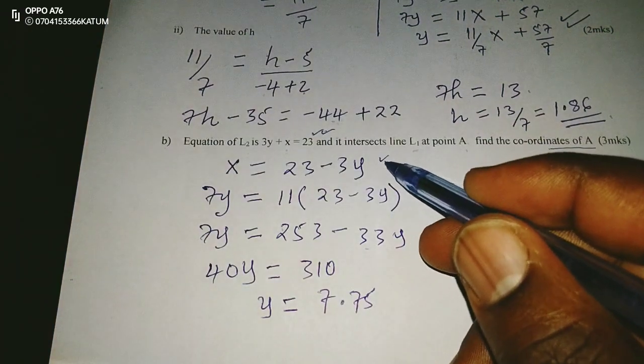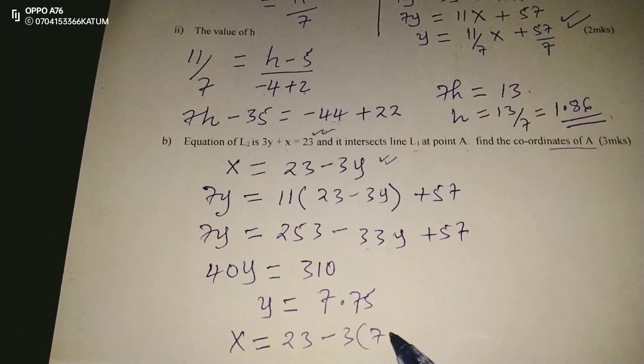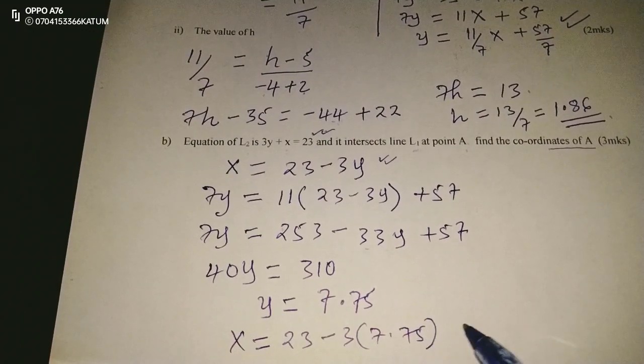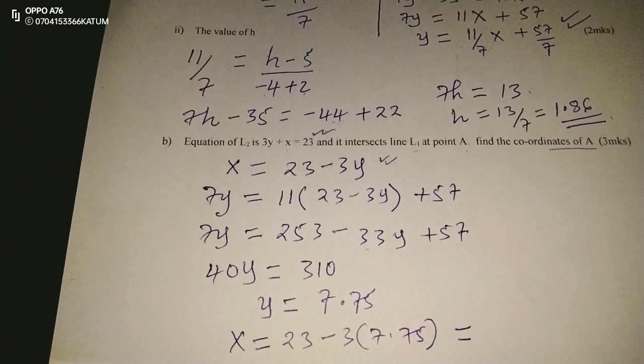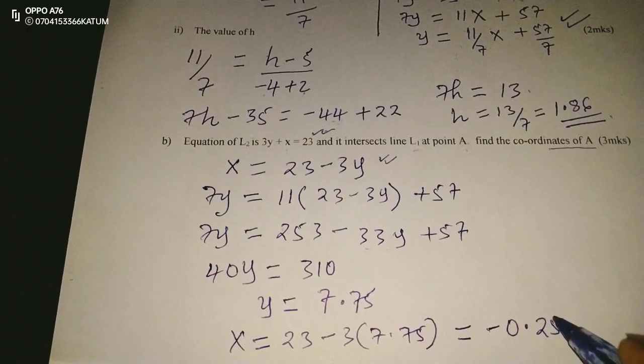We can get x using the first expression here. X becomes 23 minus 3 and 7.75, now that y is known. So we have 23 minus 3 times 7.75, and this becomes negative 1/4, or negative 0.25.